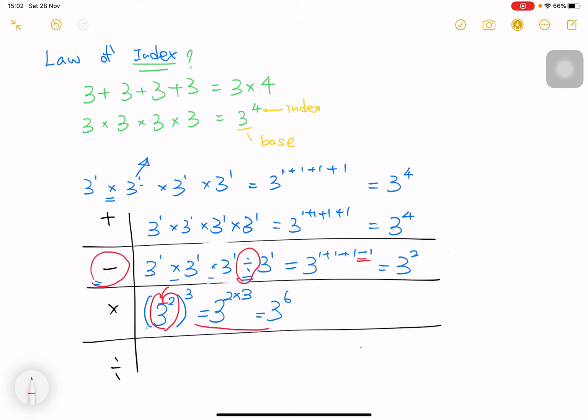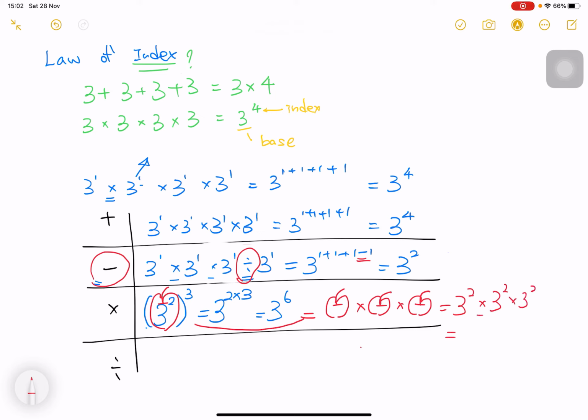Which means that here is apple to the power of 3, which means that it should be apple, and then it times itself for 3 times. Apple times apple times apple, and then you know that apple is 3 to the power of 2. So you can just write down 3 to the power of 2 times 3 to the power of 2 times 3 to the power of 2.